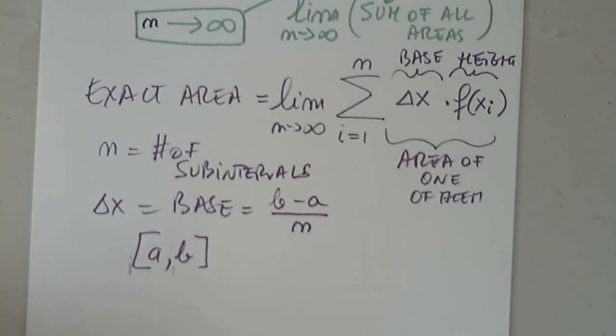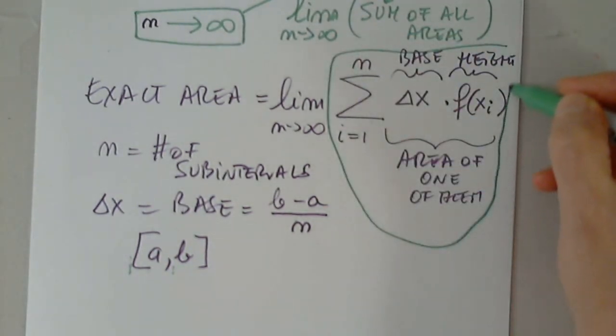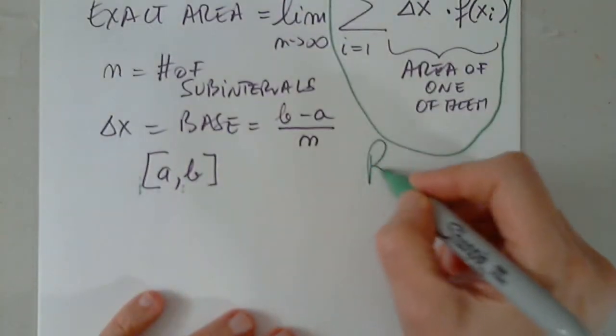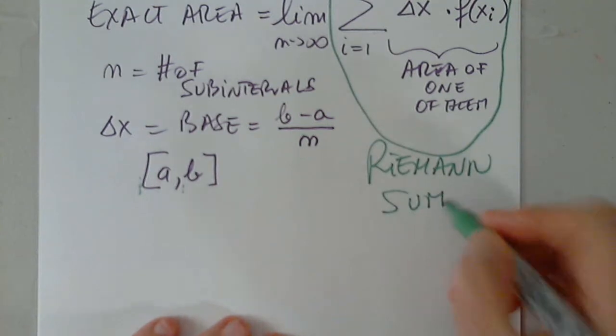This has a name. It's called Riemann sum.